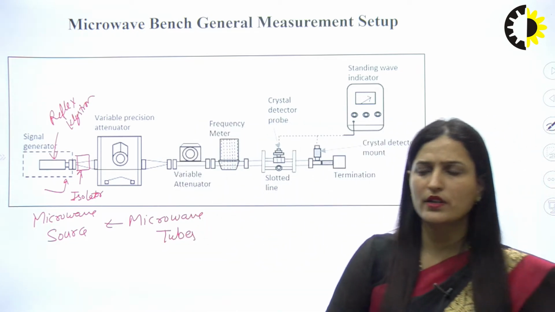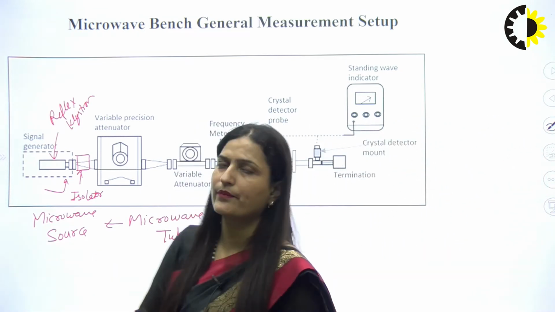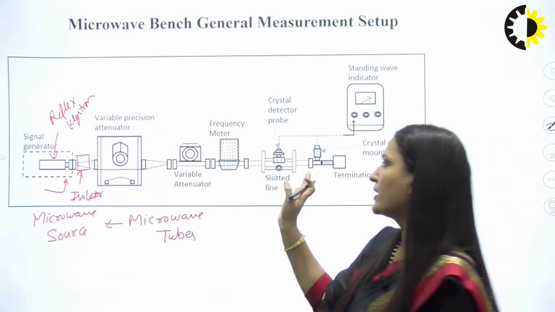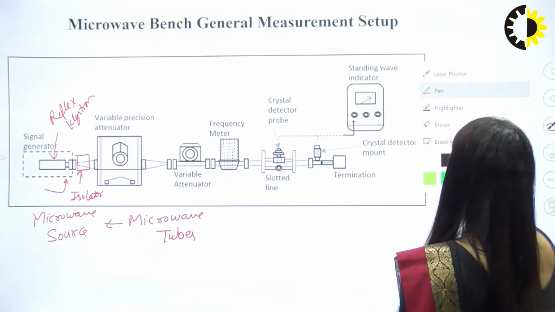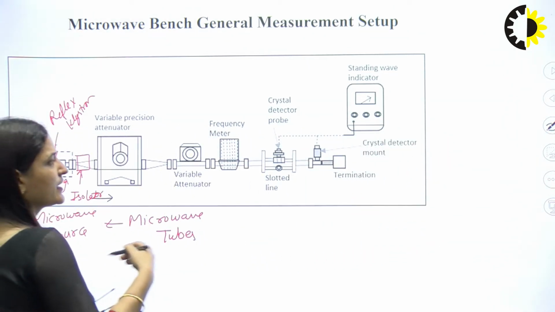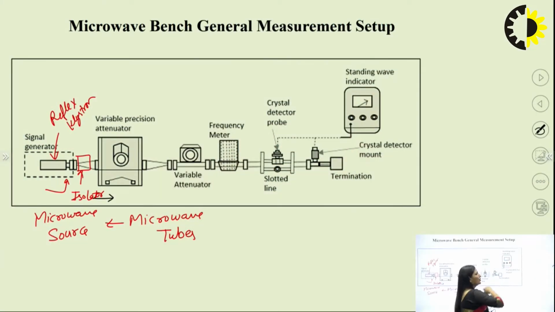It means it will allow the signal to travel in only one direction, the forward direction. If there is some reflection from the load, it will reflect back to all the devices, but when it comes to the isolator, the isolator will not allow this signal to go to the source. So basically the isolator is used to protect the signal generator.